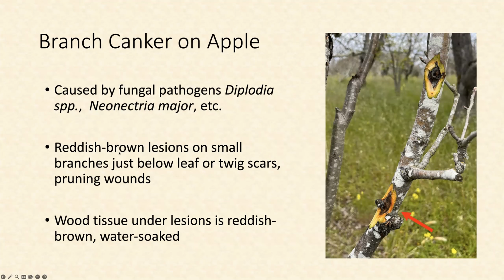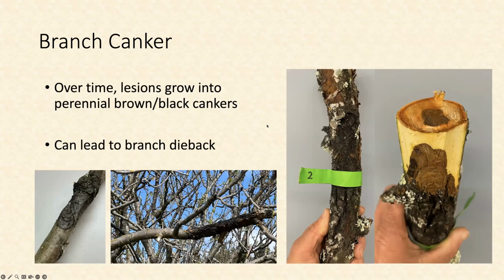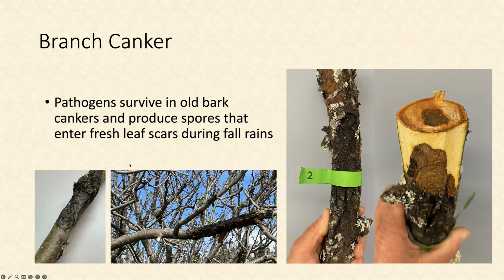So you might see these reddish brown lesions on small branches just below leaf or twig scars or pruning wounds. The wood tissue underneath is going to be reddish brown, water soaked. And over time, these lesions grow into perennial brown black cankers. It looks sunken like this, and this can lead to branch dieback.